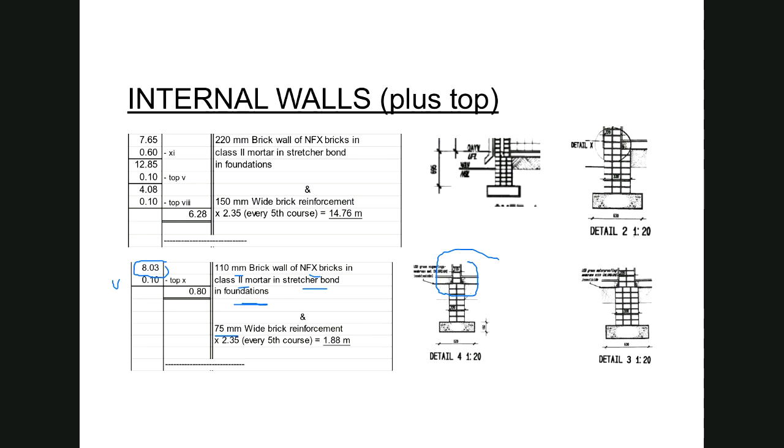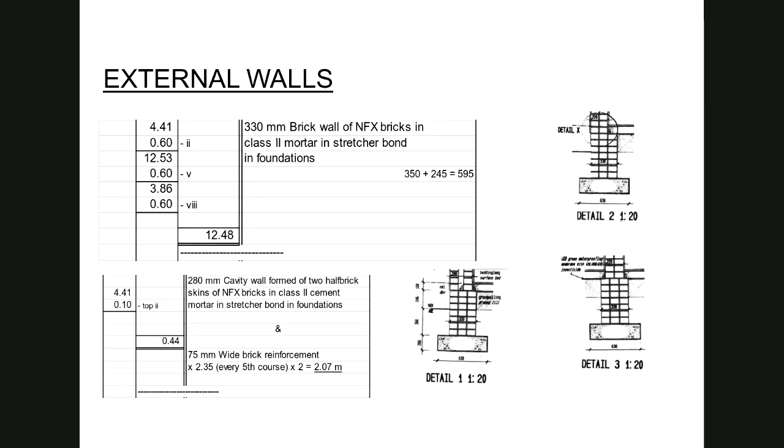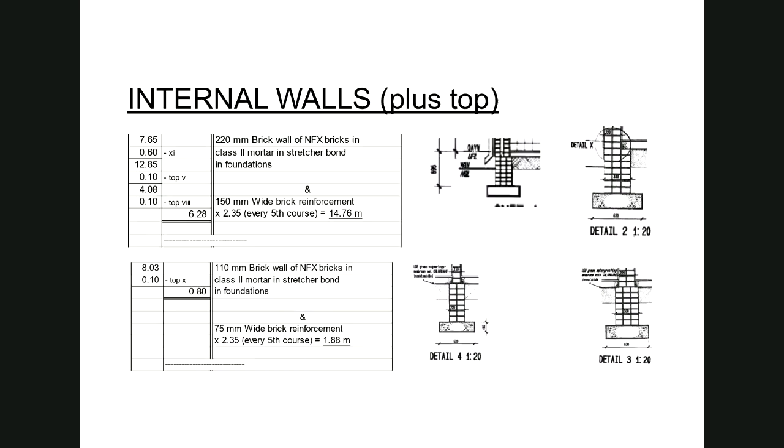If I can just go back to the previous slide where we can just cross-check on the lengths for the one brick wall in foundations for the top-up parts for detail 2 and detail 3. Let's just go back and check quickly. Here we can see that the foundation length for detail 2 was 12.53 and the foundation length was 3.83 for the detail 3.